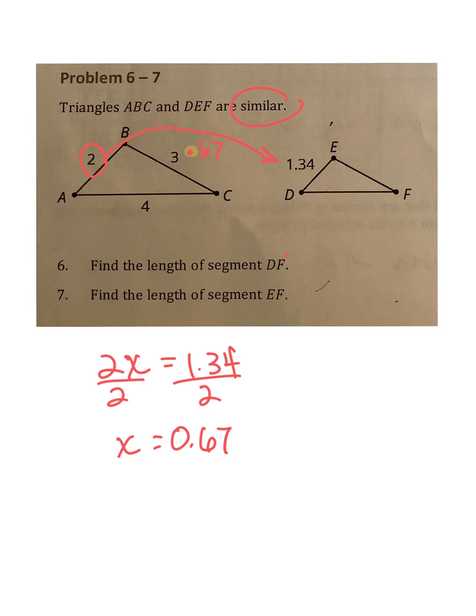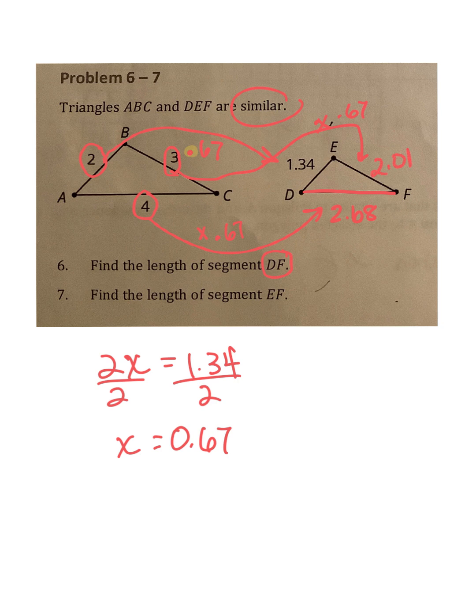The question's asking you about DF first, which is this bottom part. We already have the 4. All you have to do is multiply times 0.67. And 4 times 0.67 is 2.68. And we do the same thing with our third side. 3 times 0.67 is 2.01.